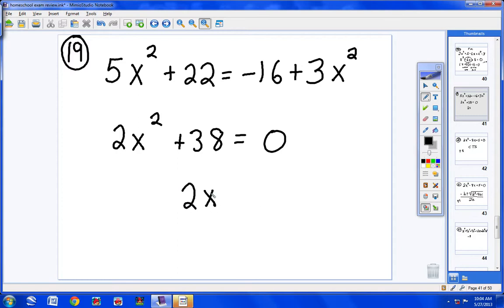So, subtract 38 from both sides. Then divide both sides by 2. And then take the square root of both sides.